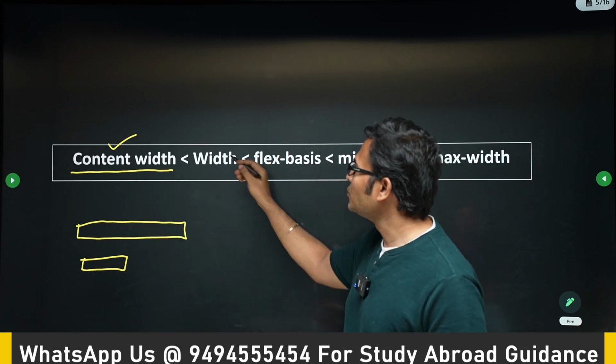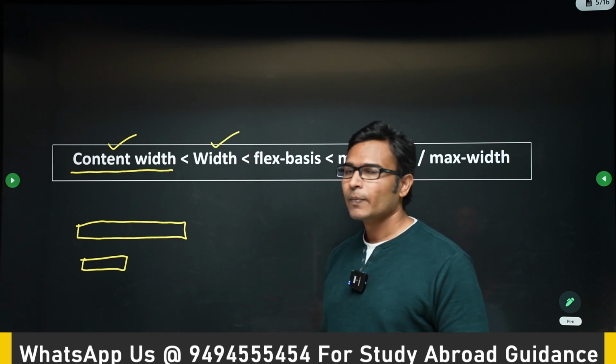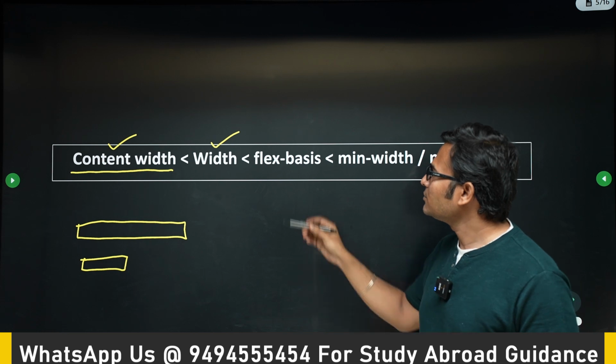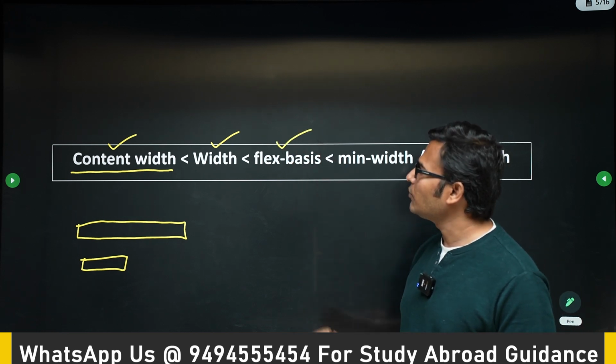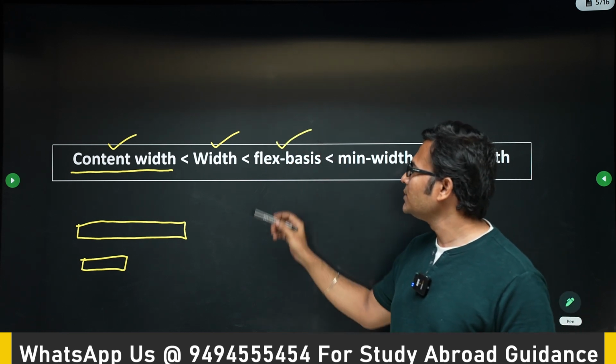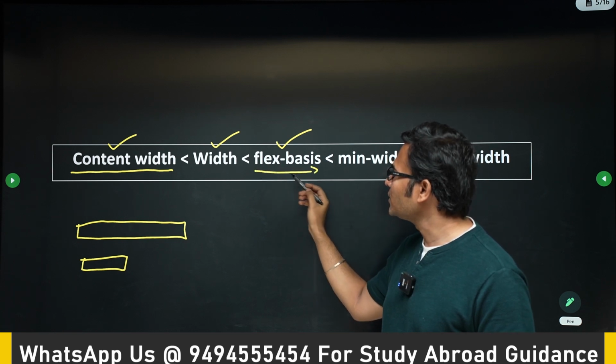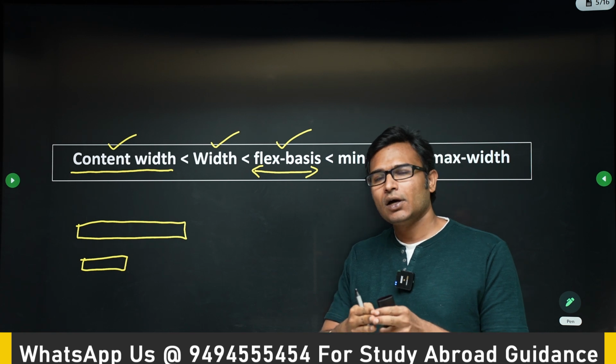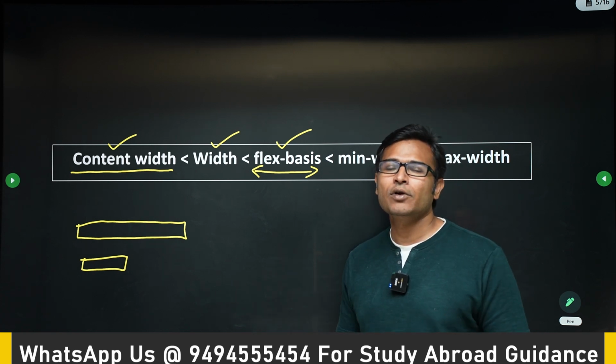Otherwise, you can also use the width property. If you use the width property, then you can specify the width, and then we also have seen flex basis. Flex basis is going to act as the width sometimes and act as the height sometimes. If it is a row direction, then it is going to act as width.